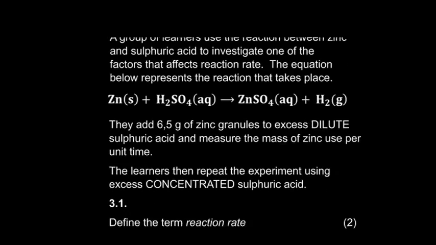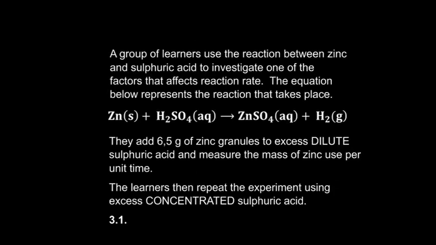A group of learners use the reaction between zinc and sulfuric acid to investigate one of the factors that affect reaction rate. The equation below represents, it looks similar to the iron, but now we're using zinc. They add, this is why I chose this one, 6.5 grams of zinc to excess, very important, dilute sulfuric acid, and measure the mass of zinc used per unit time.